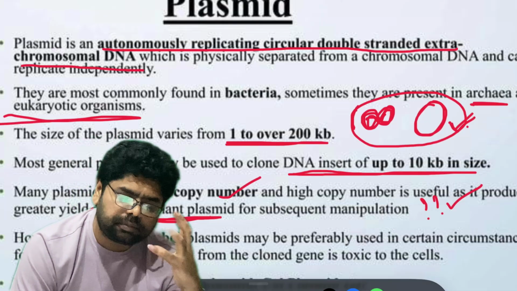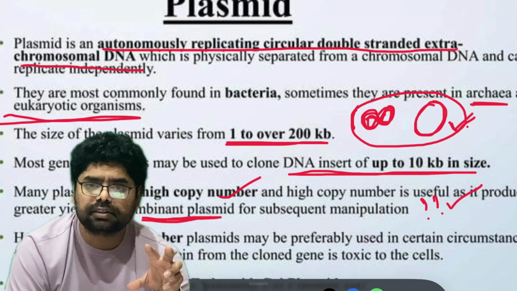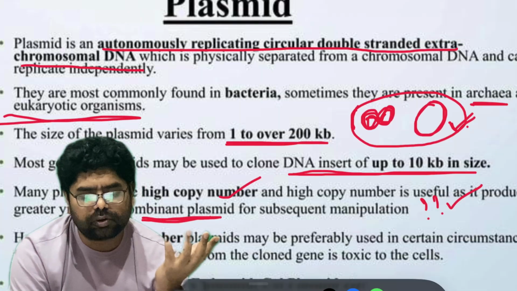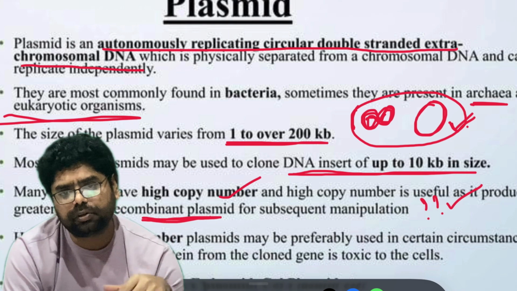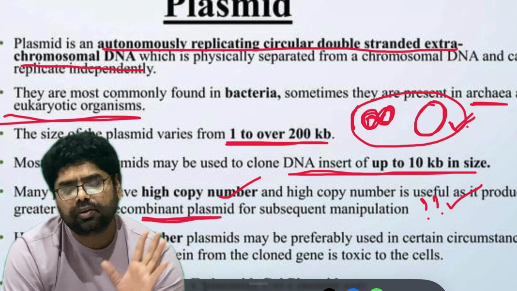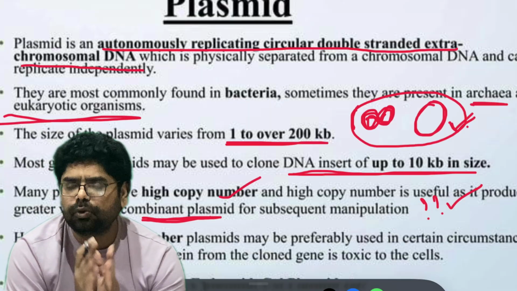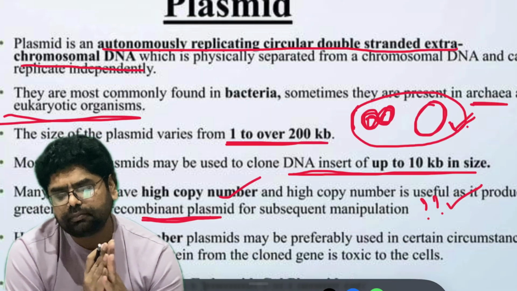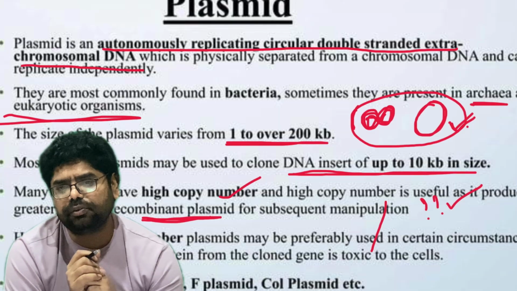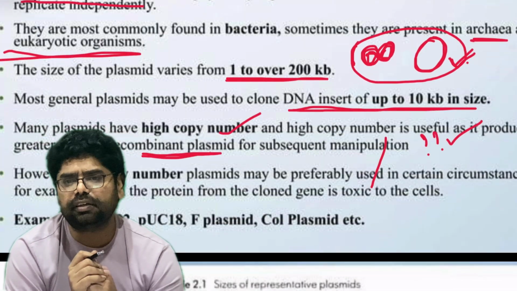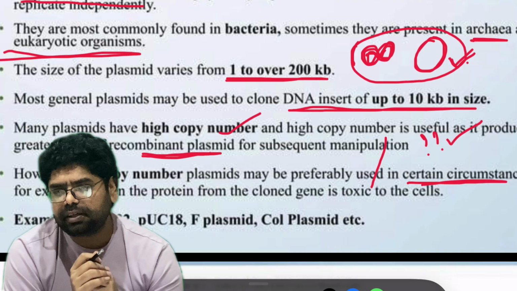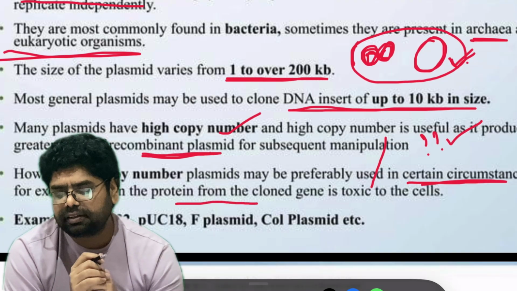Because using a high copy number plasmid gives a very high yield of the DNA, but that is not always the requirement, because sometimes you need low copy number plasmids also. Why? Because some genes are very unstable. So in that case, you will need to use a low copy number plasmid instead of high copy number. While designing an experiment, these things should be kept in mind.